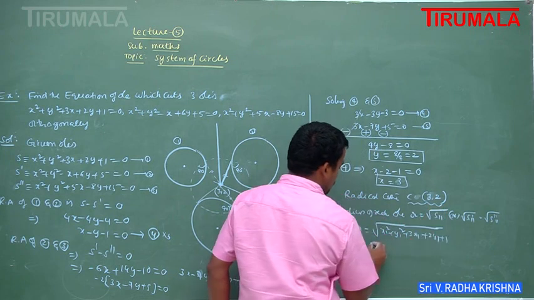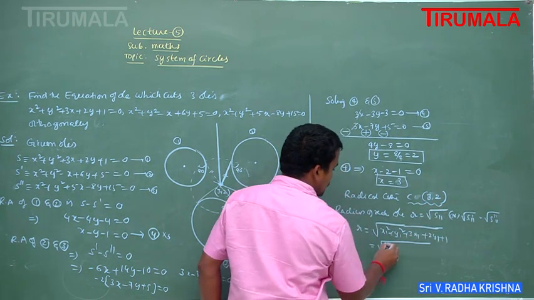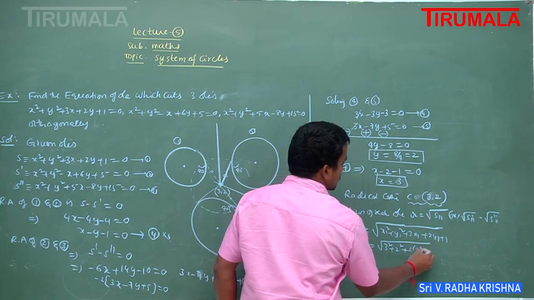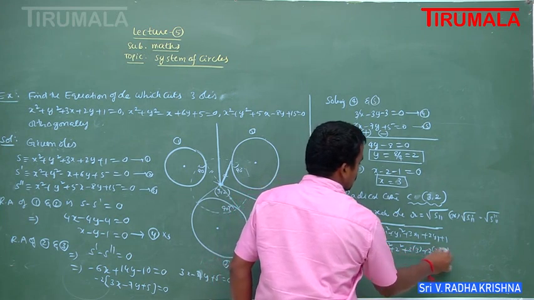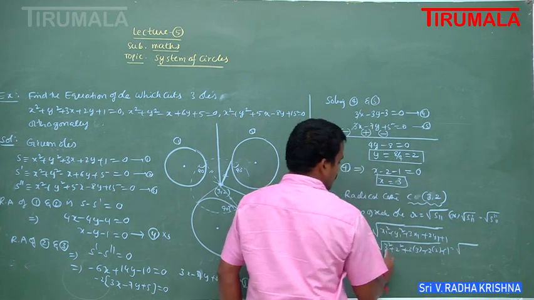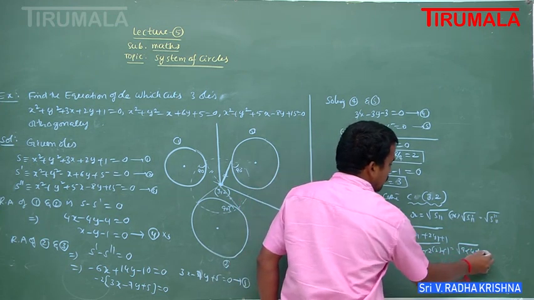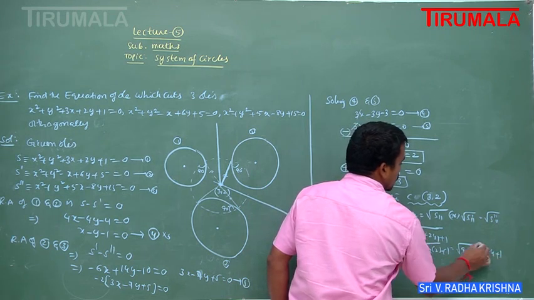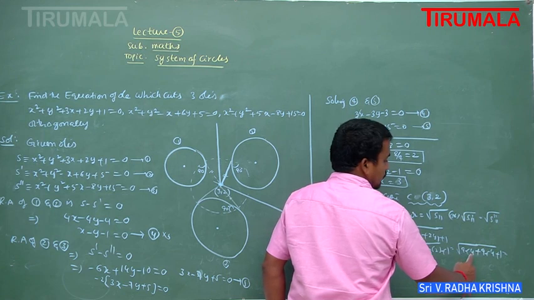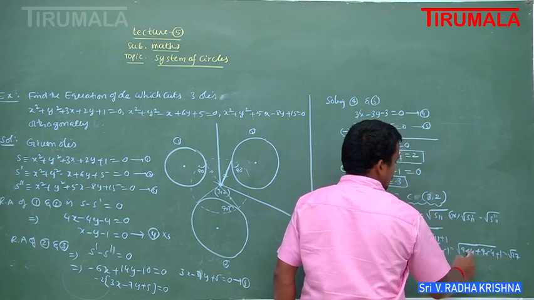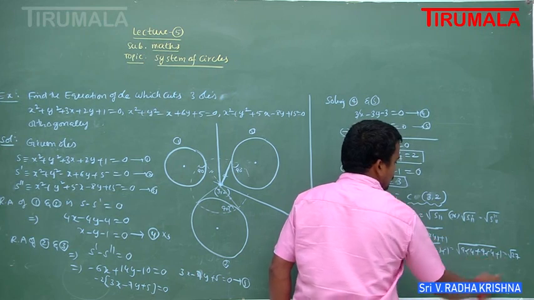Substitute 3 comma 2 in this equation: 3 square plus 2 square plus 3 into 3 plus 2 into 2 plus 1. So this equals 9 plus 4 plus 9 plus 4 plus 1, which is 27. So r equals root 27.